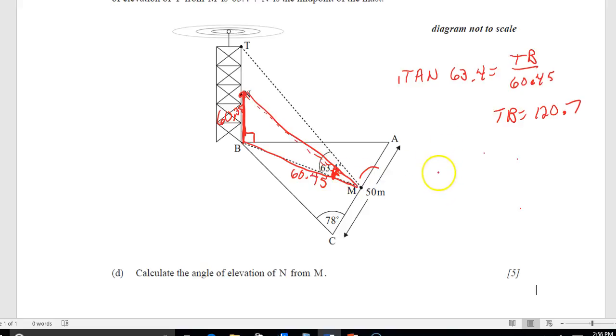So to find that angle, the tan of that angle down there at M is going to equal the opposite 60.35 over the adjacent 60.45. And again, you are looking for the angle, so you're going to have to use inverse tan. So you go second tan of 60.35 divided by 60.45, and I'm getting 44.95, and you could round that off to 45.0 degrees.